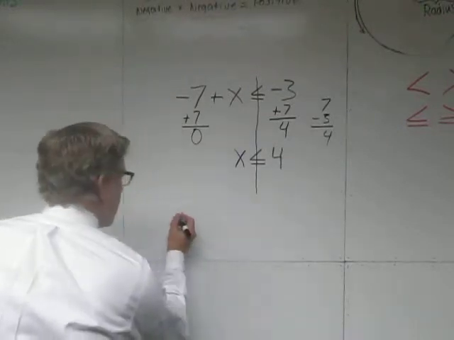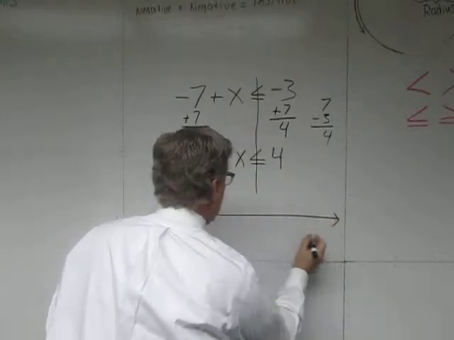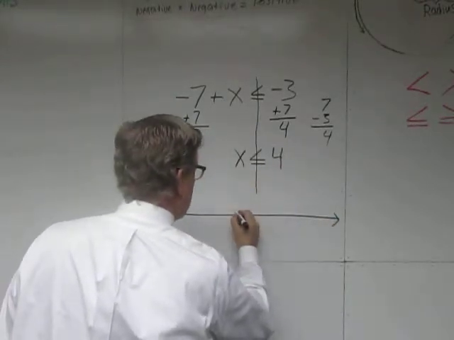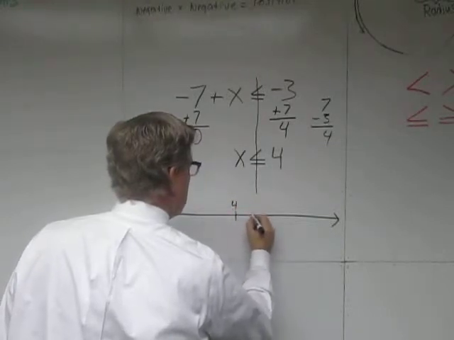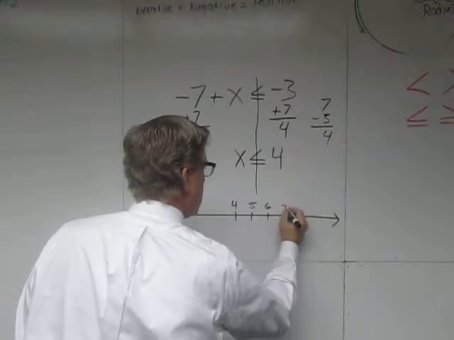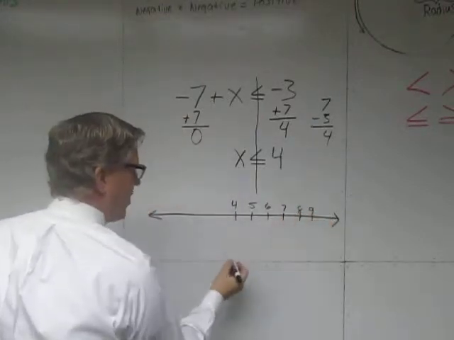Okay? Let's draw a number line here. And to make things simple, let's put 4 right in the middle. Don't have to go out too far, probably.